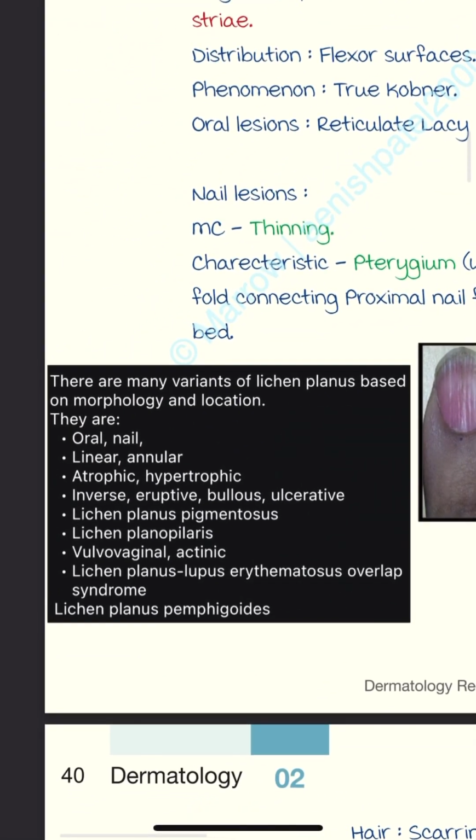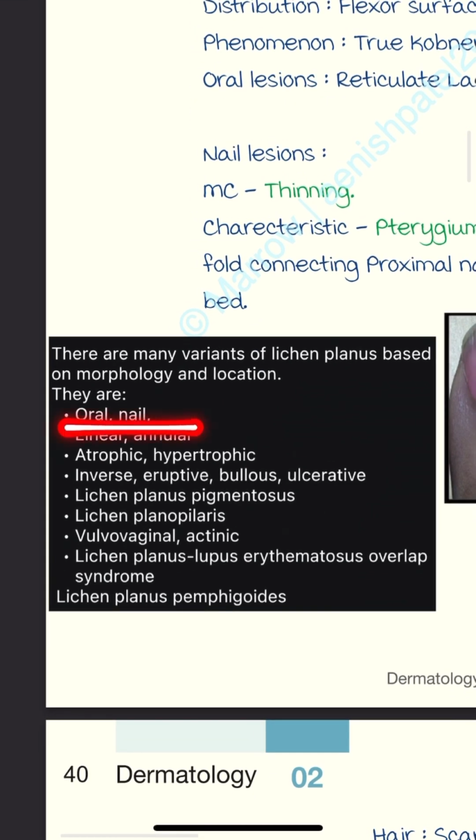There are many variants of lichen planus based on morphology and location. They are oral, nail, linear, annular, atrophic, hypertrophic, inverse, eruptive, bullous, ulcerative, lichen planopilaris, lichen planus pigmentosus, vulvovaginal, actinic, lichen planus-lupus erythematosus overlap syndrome, and lichen planus pemphigoides.